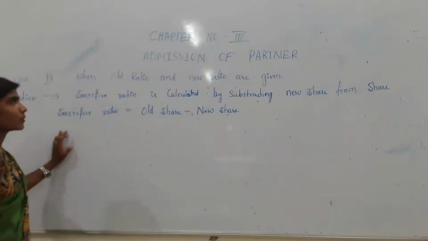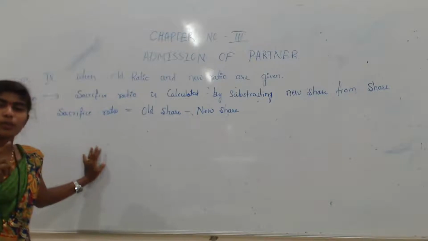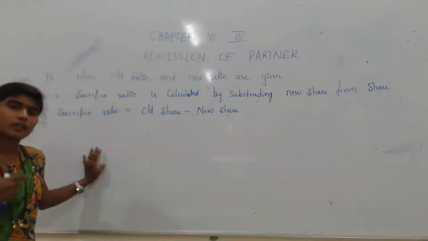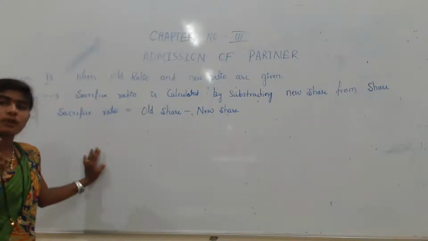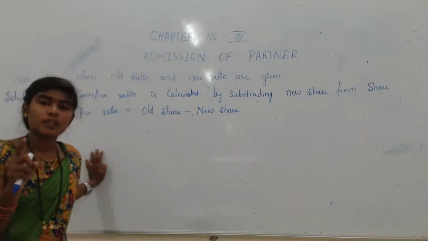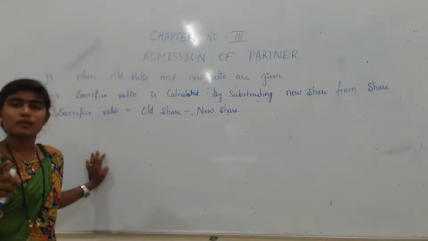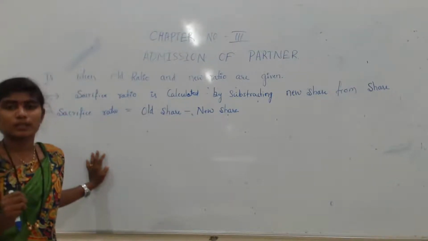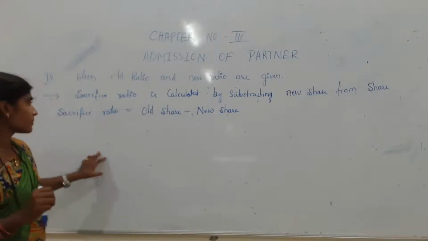Same formula, because in this question there are two pieces of information: one, the old ratio of the old partners, and the new ratio of all partners. When there is an old ratio of old partners and a new ratio for all, then that is the fourth case.